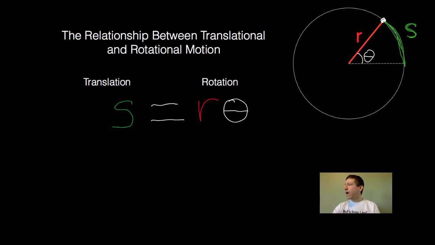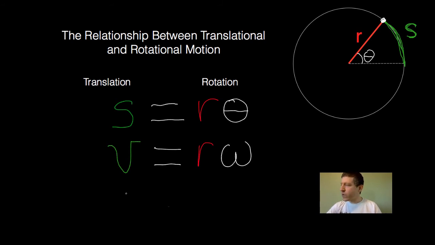In other words, a car that has gone from here to here through an angle theta has traveled an arc length r times theta, this green distance s. Similarly, the translational speed is equal to, and the analogy and relationship continues to be parallel, you just take r and multiply it by omega.